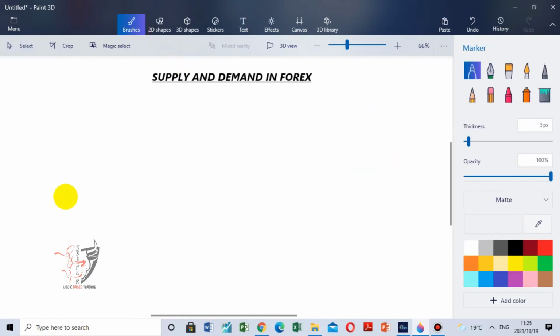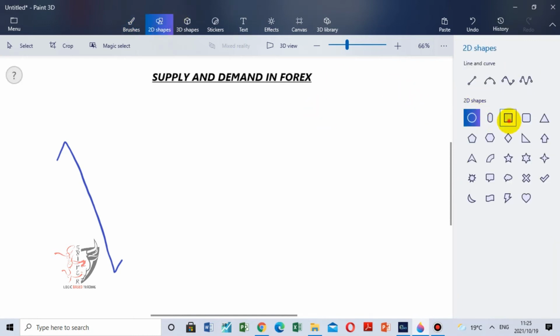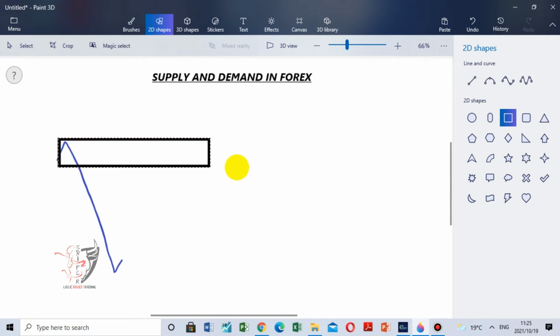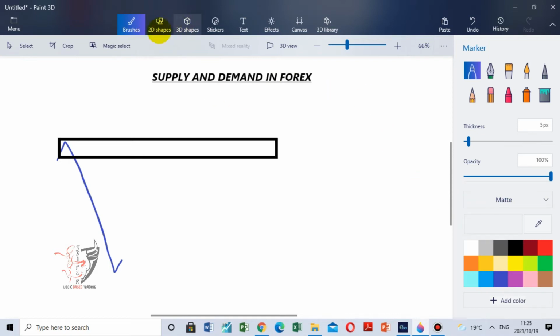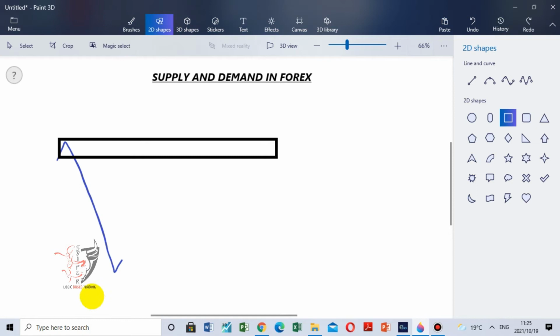Usually you'll find price doing this, and when price does that, we find our supply at the peaks of price, and we find our demand at the bottom or the troughs of price.